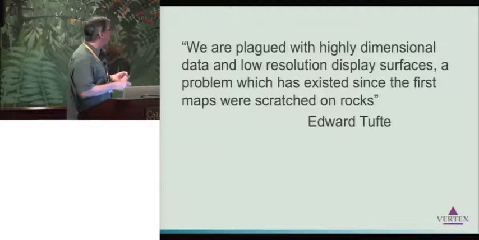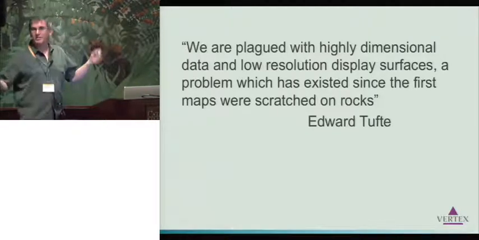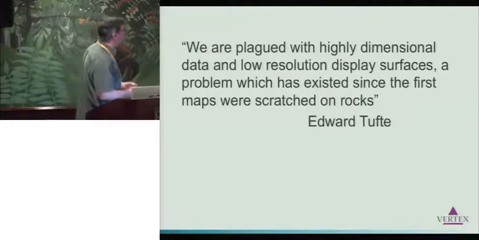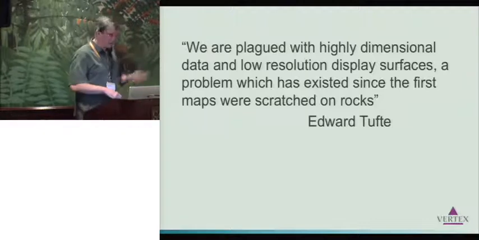I love this quote from Edward Tufte, who's the godfather of graphics: "We're plagued with high-dimensional data and low-dimensional display surfaces, a problem that's existed since the first maps were scratched on rocks."